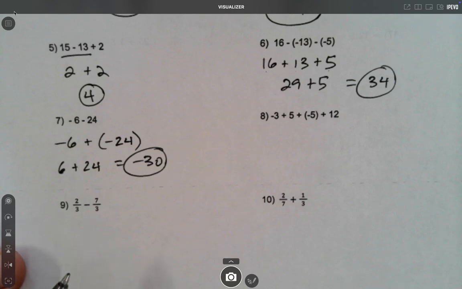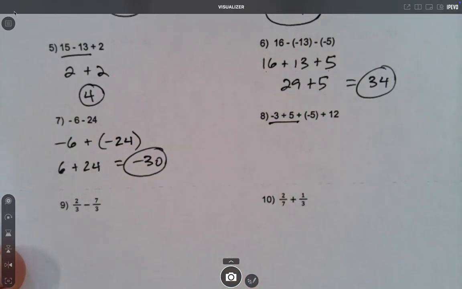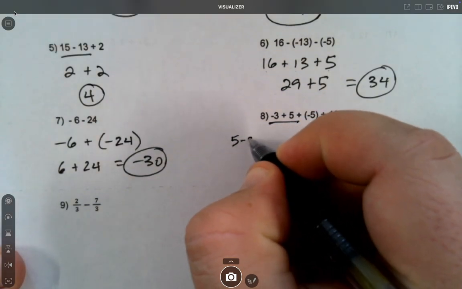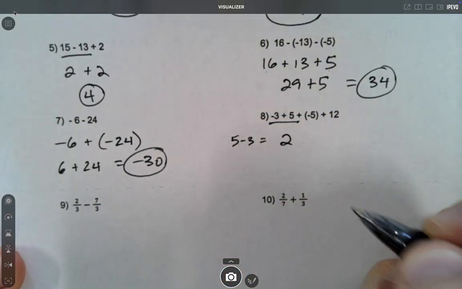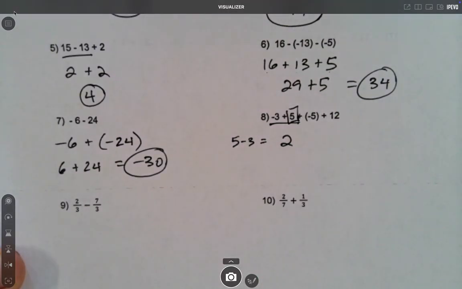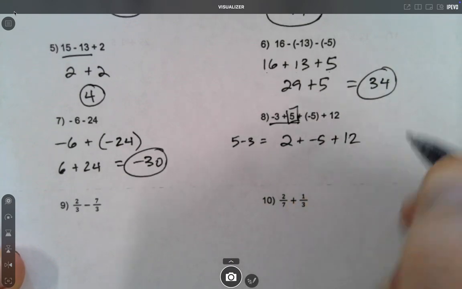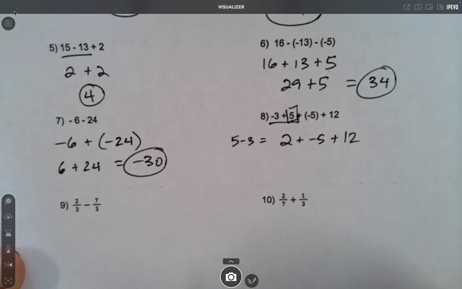Okay, so again, we've got to do this step by step. Number 8, do these two first. We're adding opposite signs, so we subtract them. We keep the sign of the bigger one, which is the 5. So we keep a positive 2, plus negative 5 plus 12. Just bringing this down so we continue the problem.